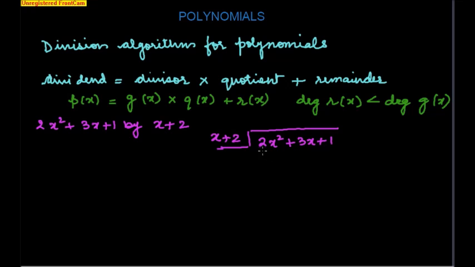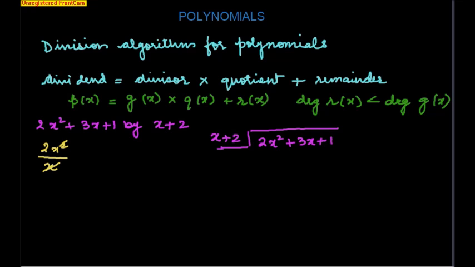Now, if you see the first term here, the first term here is 2x square. So, we take first 2x square here, and the first term here is x. We divide these two. When you divide, this x gets cancelled with this and you are left with 2x.